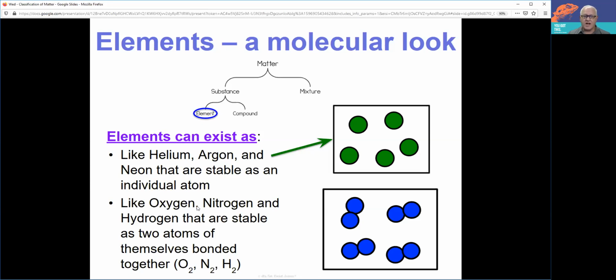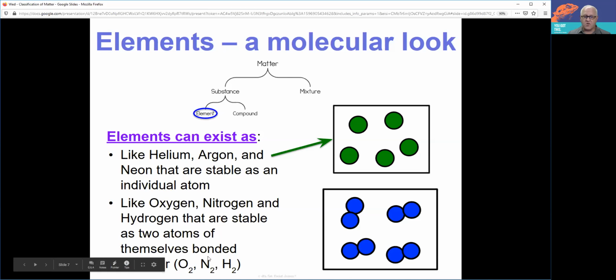But like oxygen, nitrogen, and hydrogen, they're only stable as two atoms bonded together. We're going to look more at bonding a little bit later. But the oxygen element by itself is unstable, so it bonds to itself as another atom of oxygen, forming O2, and that's the oxygen that we breathe.